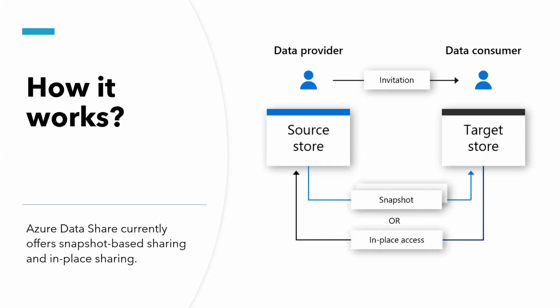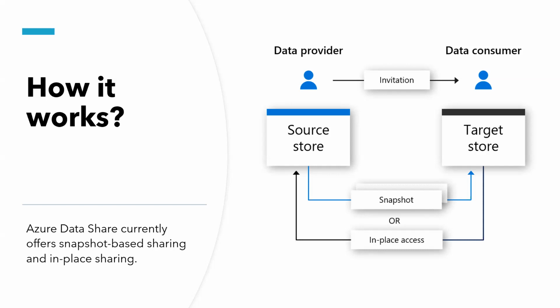Let's talk about the key capabilities of Azure Data Share. Azure Data Share enables data providers to share data from the list of supported data stores with customers and partners outside of your organization. It enables you to keep track of who you have shared your data with, and it enables a choice of snapshot or in-place sharing.